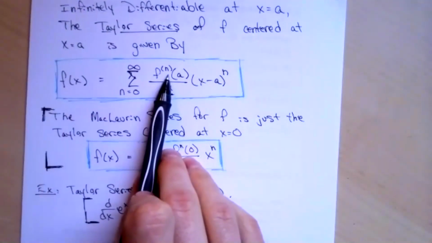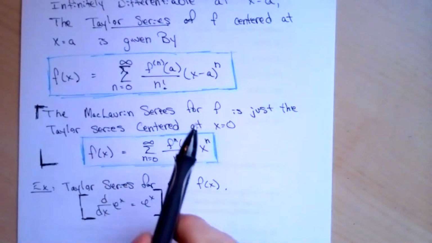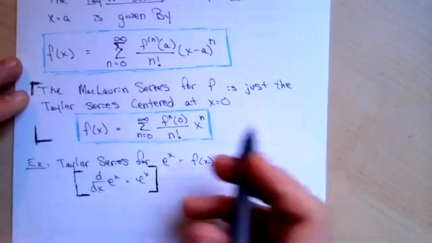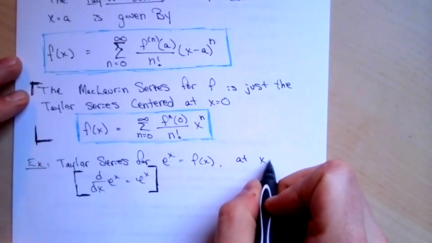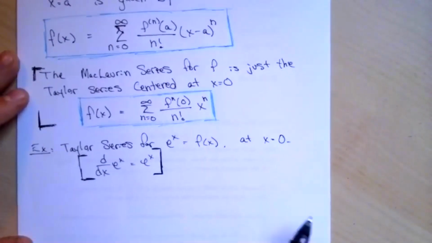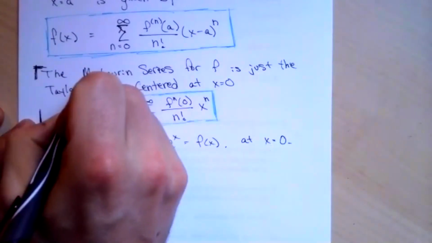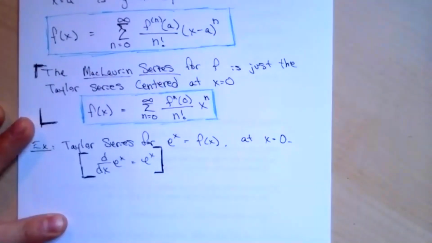We need to compute derivatives of n orders and then evaluate them at the base point. So we should specify the base point. Let's say at x equals 0. Again, x equals 0 is going to be very common for the base point, which is why we give it a definition for Maclaurin series.